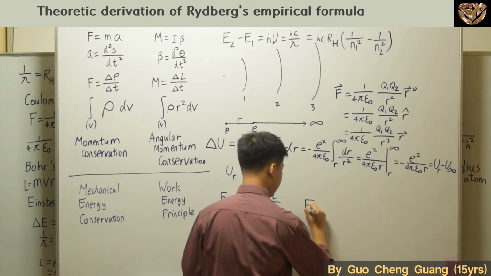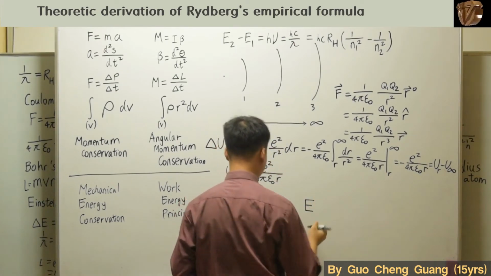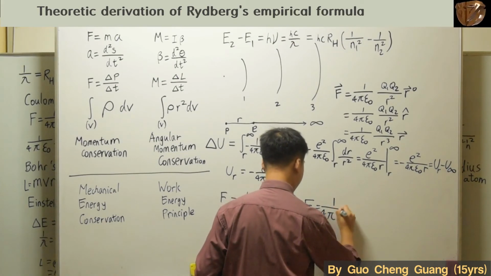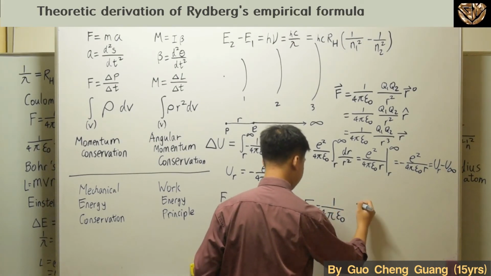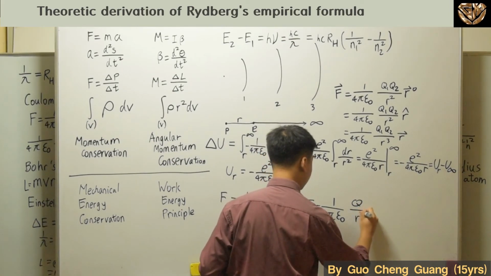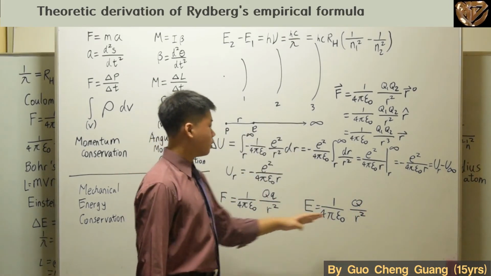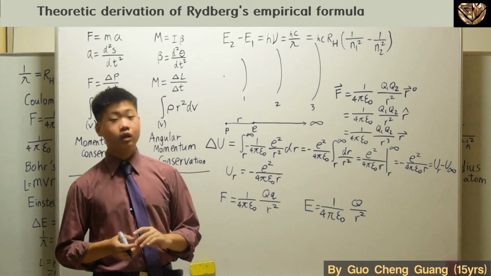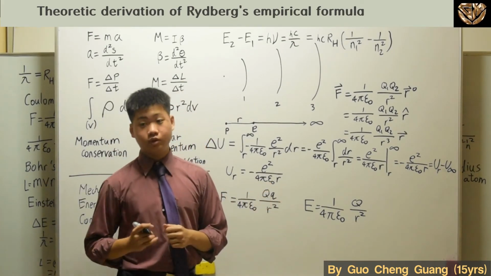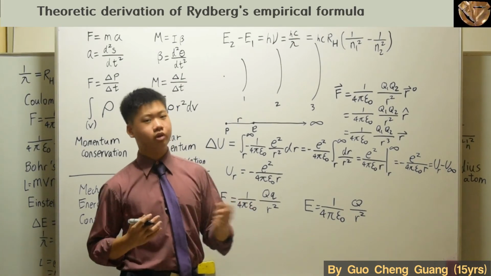Then if you take a look at your electrostatic field strength, that means you have 1 over 4 pi epsilon naught, but this time it's just Q over r squared. So what happened over here? Did you remove your test charge?